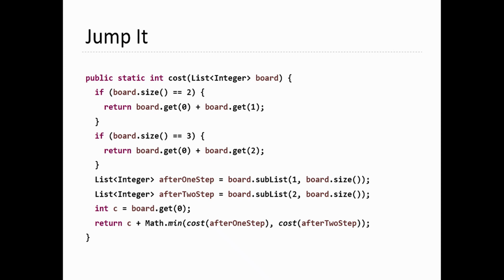If this method calls itself, then a second version of the method appears. And it also has its own version of the board. Now notice this board is different than that board, because when it calls itself, it passes in a different board. So now this cost method operates on its own board.